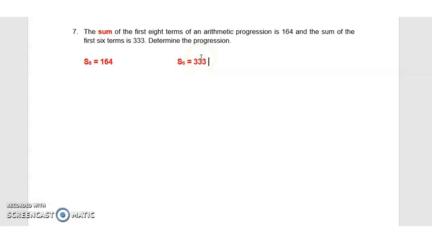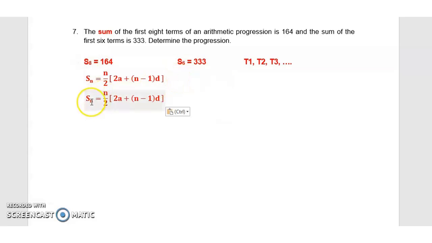Determine the progression. Similar to the previous question, determine the progression means what is T1, what is T2, what is T3, and so forth. So use the sum formula for arithmetic sequence. Write S8 using the sum formula. So here n equal to 8.